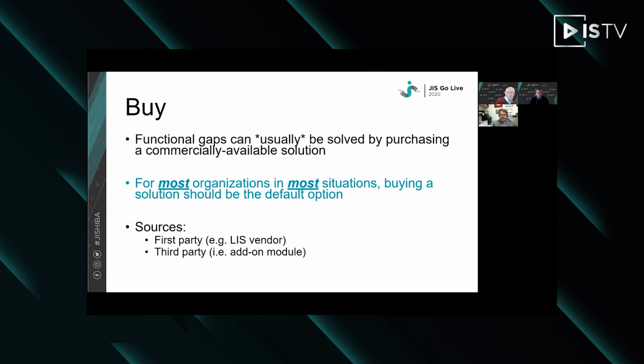Now, you might get this purchased solution from a first party, in other words, the actual vendor of the LIS that you have, or it might be a third party add-on module from a company that specializes in building modules to integrate into other vendors' LISs.